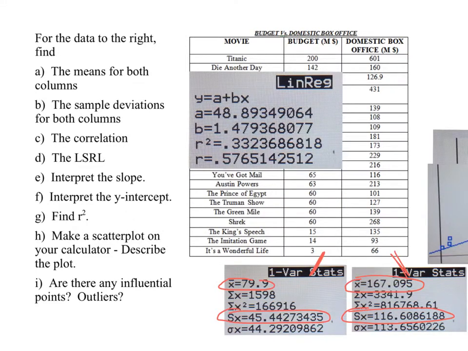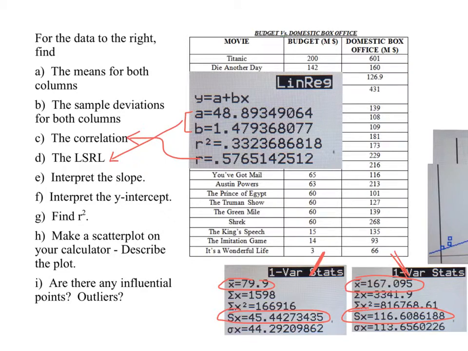Remember, that's R. And my LSRL, of course, in this case, is 48.89 plus 1.48. Remember to use the hat. Box office hat equals 48.89 plus 1.48 multiplied by budget.